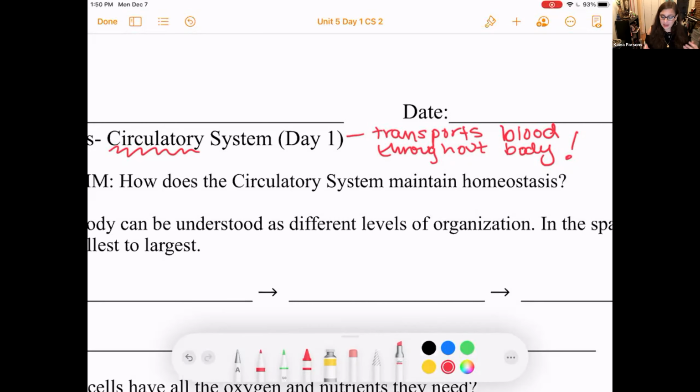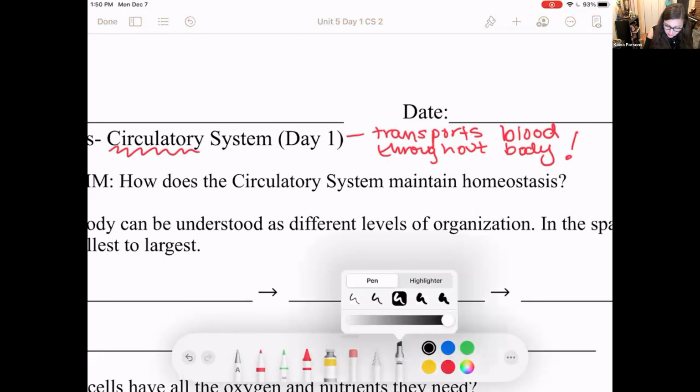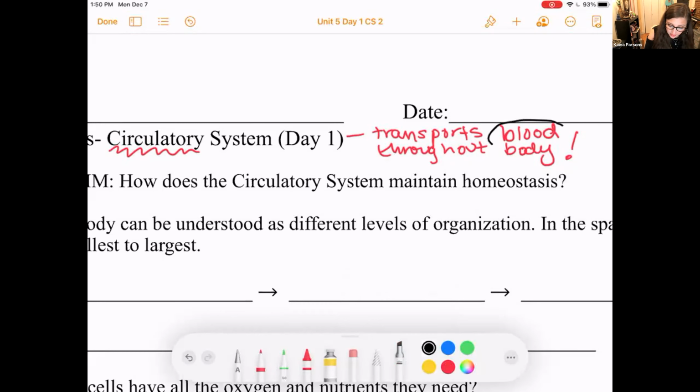And that's the main function of the circulatory system, is to transport our blood, which is filled with nutrients and oxygen throughout our bodies.